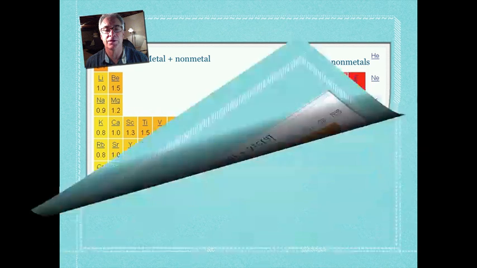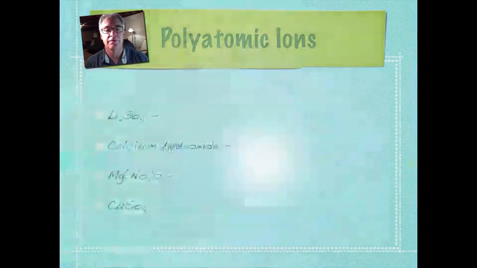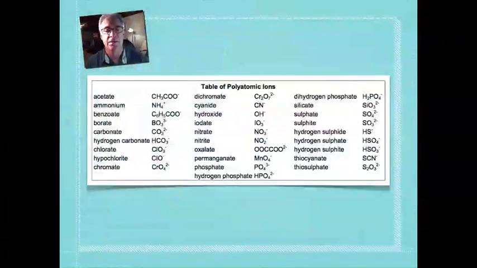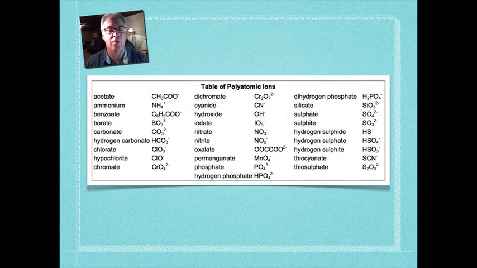We take a look at our polyatomic chart. We're looking for hydroxide, and there it is, right there. It's a -1 charge, and there's hydroxide. So for calcium hydroxide, calcium is a +2, hydroxide is, excuse me, a -1.